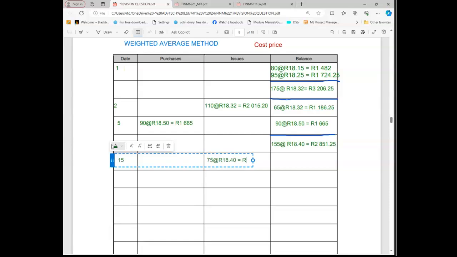And the new amount is 1,380. Okay. And then we're gonna transfer it to the balance, the same amount.